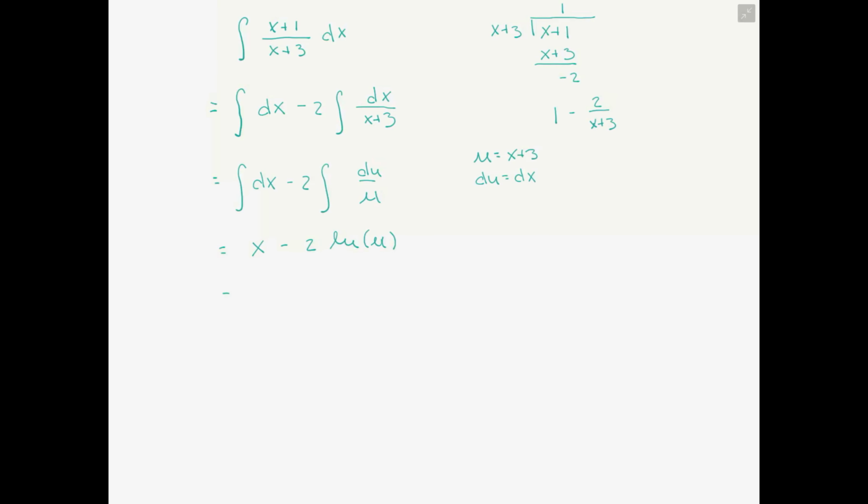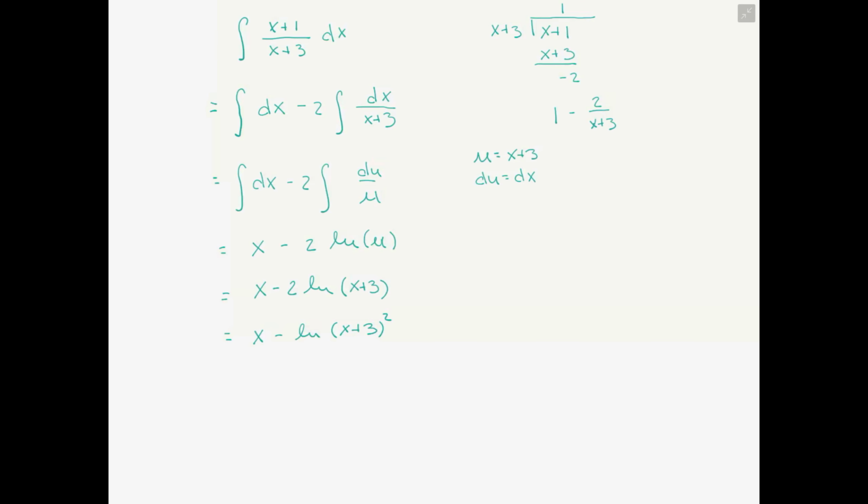And we have dx minus 2 du on u, and that is x minus 2 natural log of u, and then we substitute back in the x.